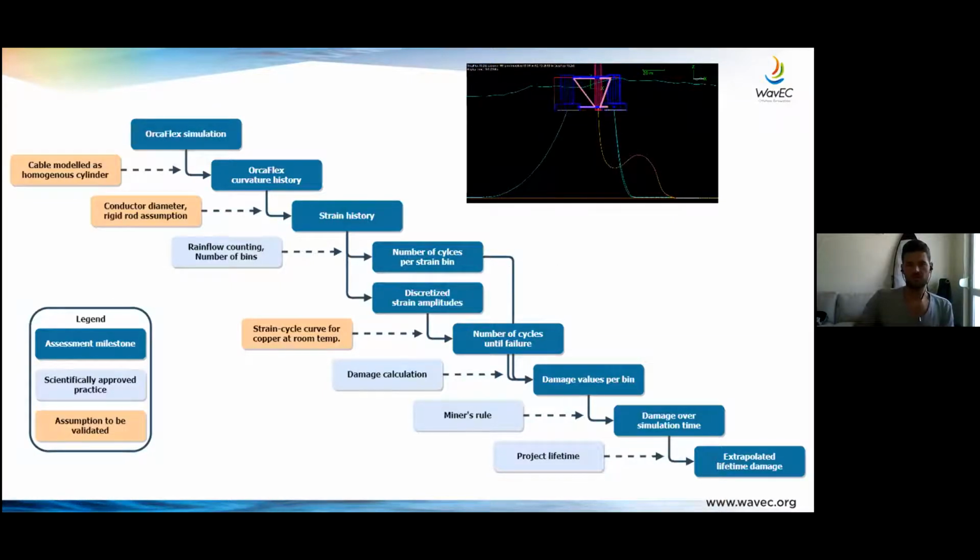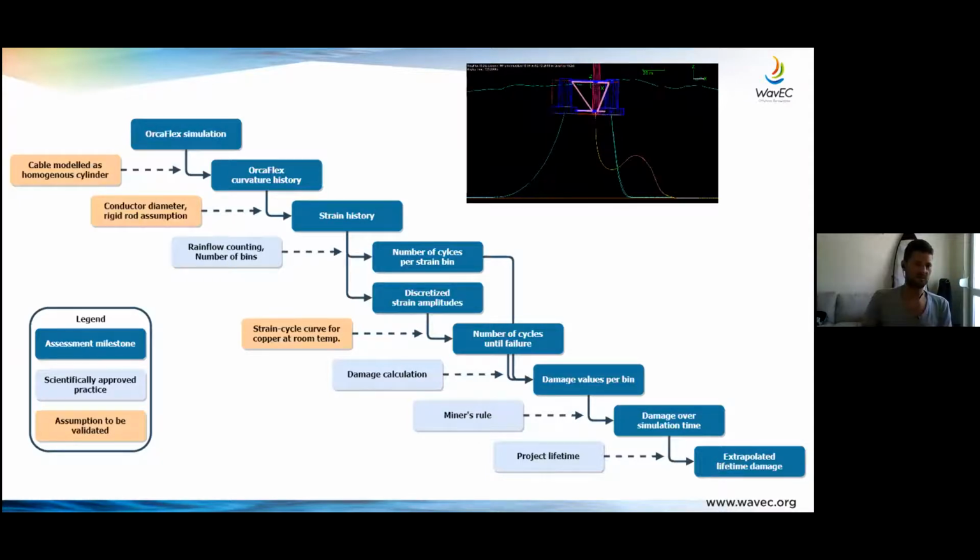So in this process, there are quite some assumptions and methodologies involved. Some of them are well validated, and those are the ones that you can see here in light blue. Some others are not well validated, and we actually still wanted to validate them.